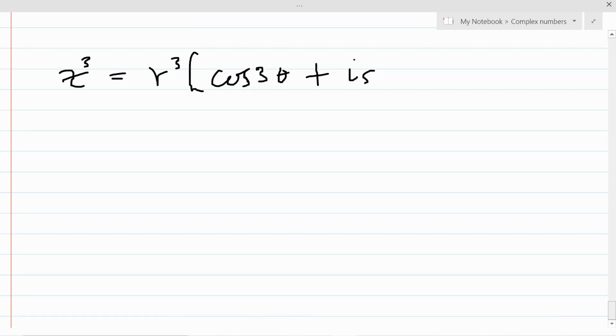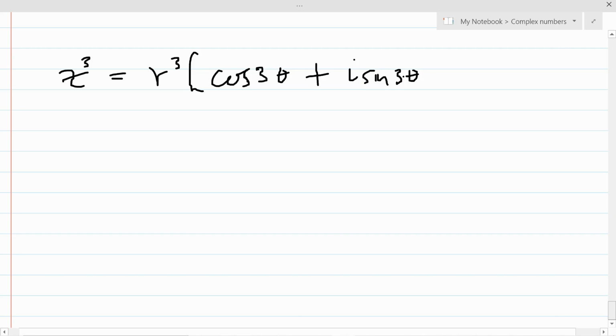If I continue to do z cube, this will be equal to r cube, then cos 3 theta plus i sine 3 theta.